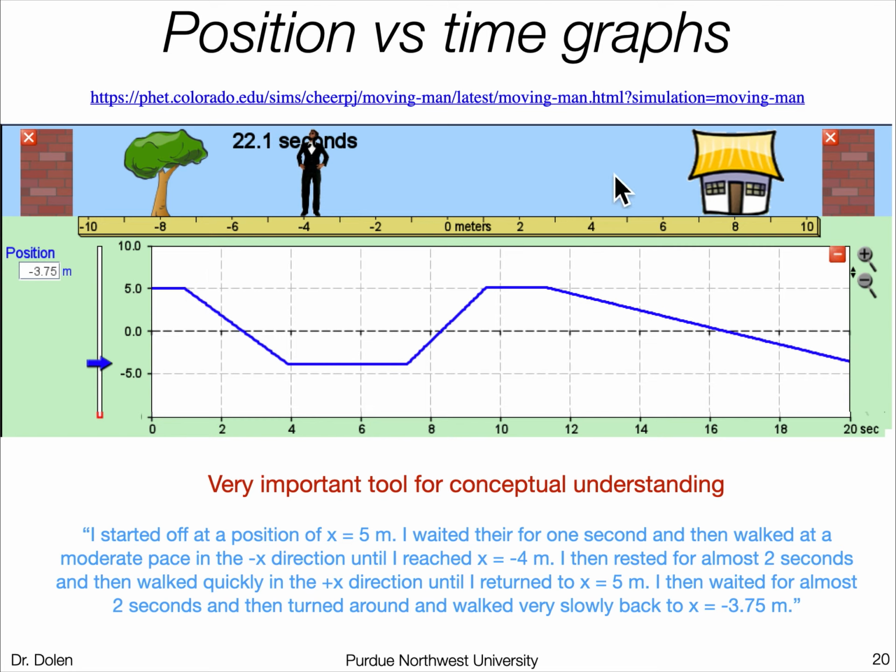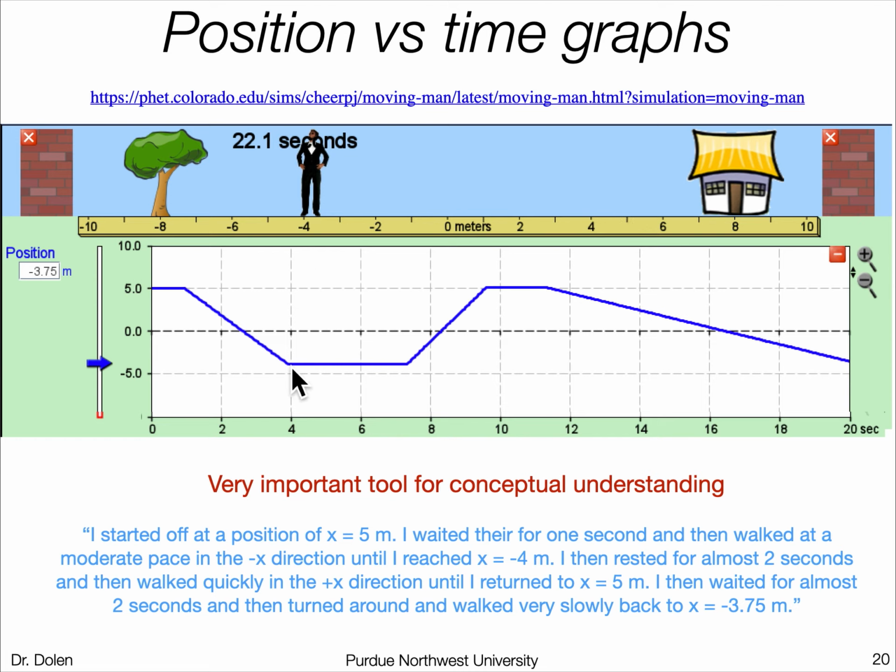I can see that then my position started getting smaller and smaller. So that tells me I started off at 5 meters and I was walking slowly in this direction, and I just passed my origin at this moment, and I continued walking in the minus x direction until I got to about x equals -4 or so.